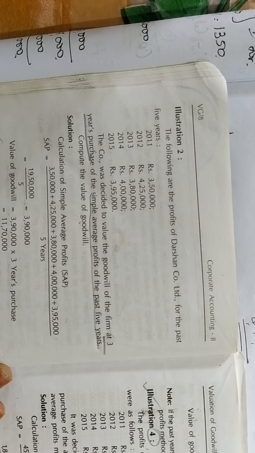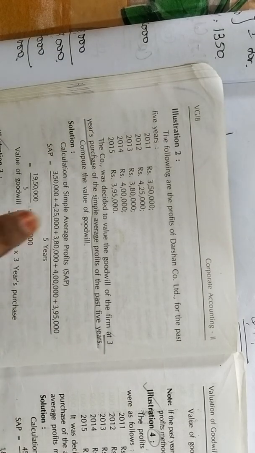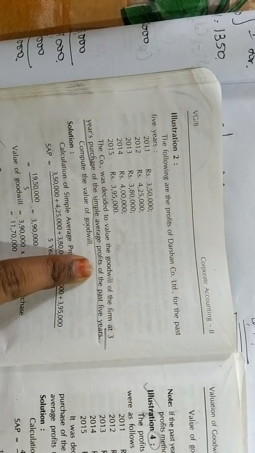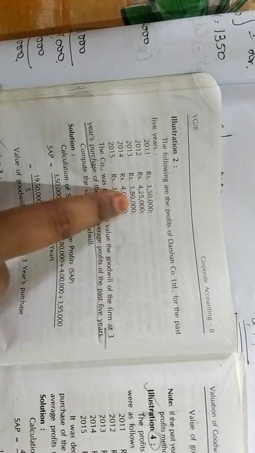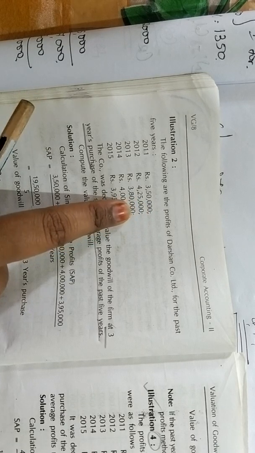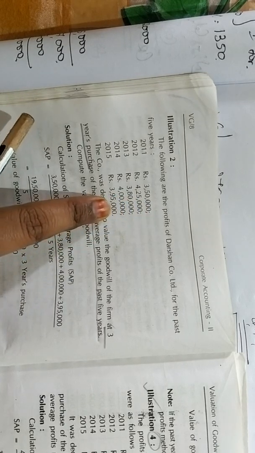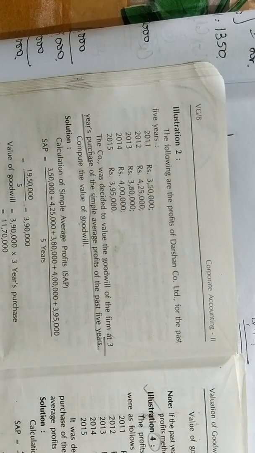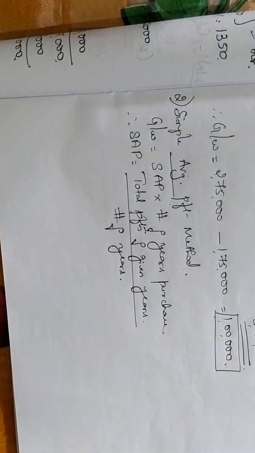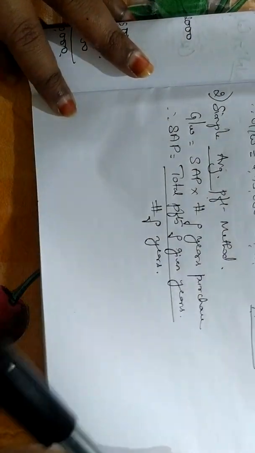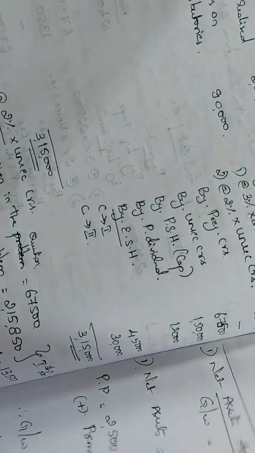We should identify it. In this question they have clearly told you of the simple average profit, so we know it belongs to the first method. If you look into the profits also, one year decreasing, other year increasing, then decreasing, increasing and then decreasing. So it is fluctuating, and that is why we use the simple average profit method. I will just do the problem on the next page.